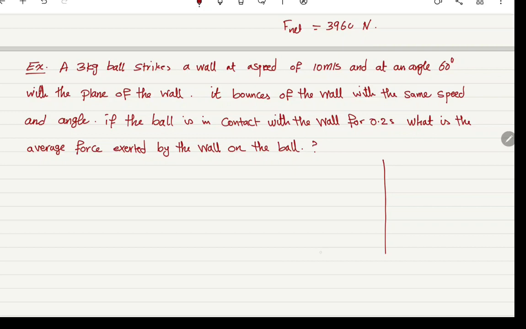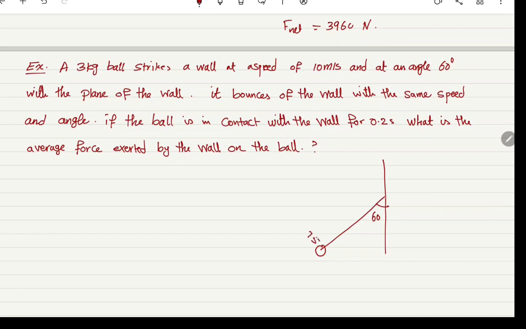Here's the wall, and the ball strikes the wall with angle theta equal to 60 degrees, and this is the initial.